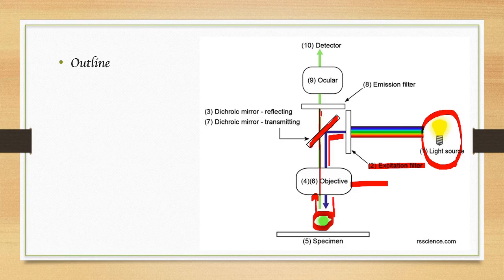The eighth component is the emission filter, which blocks certain unwanted or harmful rays. Then the fluorescence light passes through the ocular lens and is viewed through the detector. This is the outline of the fluorescent microscope.